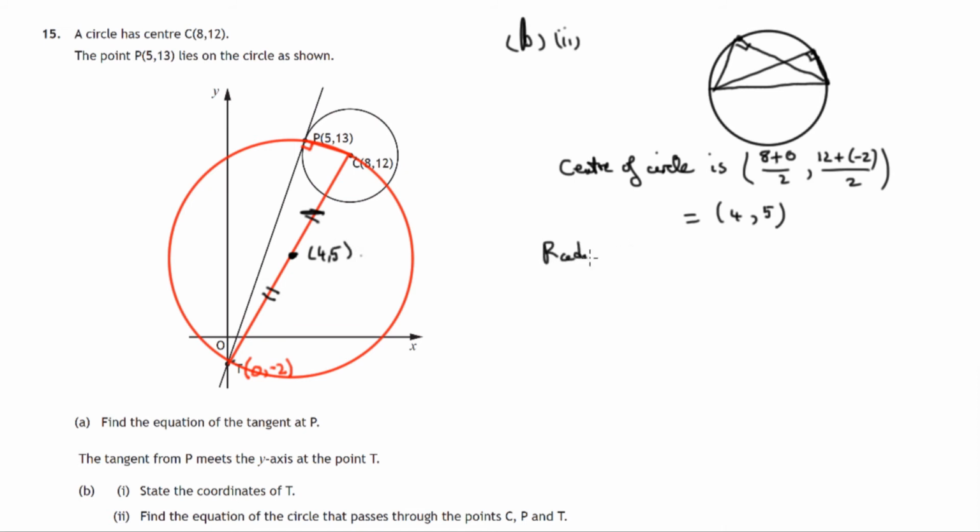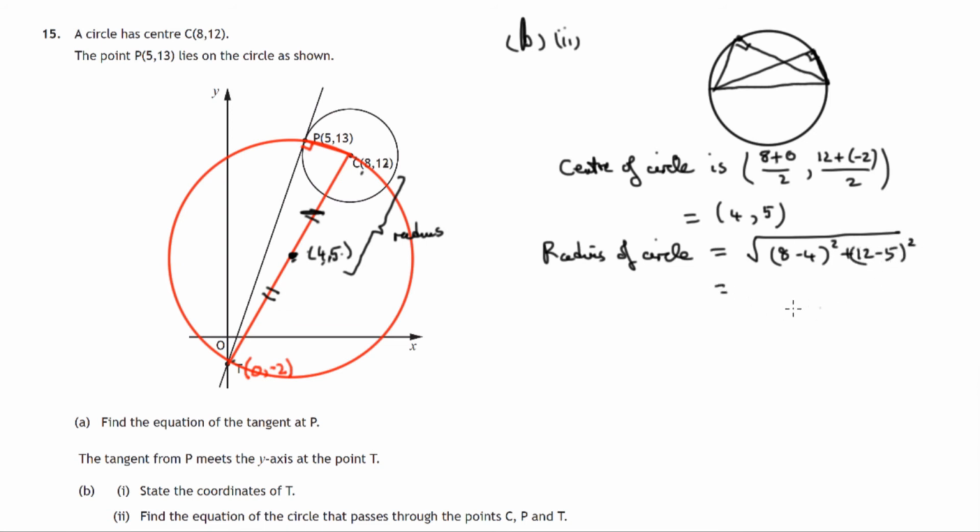Radius of this circle: well, let's choose (4, 5) up to (8, 12), and work out the distance between these two points. Remember the distance formula: the x difference squared, that's 8 minus 4 squared, plus the y difference squared, 12 minus 5 all squared.